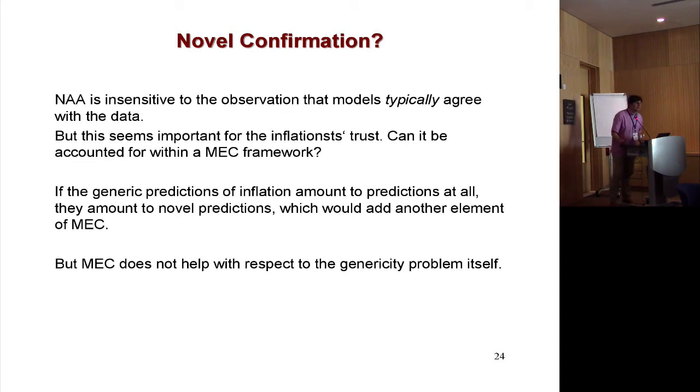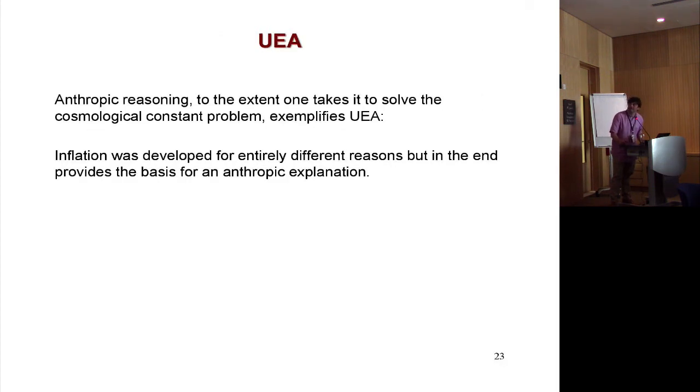Sorry, can you go back to the previous slide? I understood the unexpected explanation argument to refer to the case in which a given theory, for which we may not have a direct empirical confirmation, manages unexpectedly to explain another empirically confirmed fact.